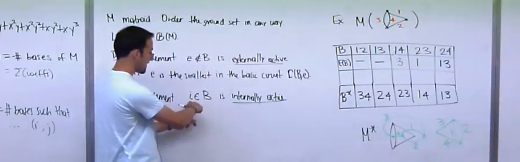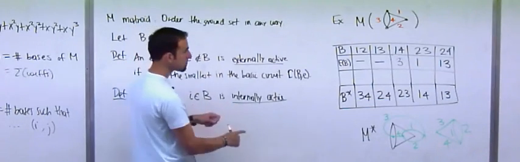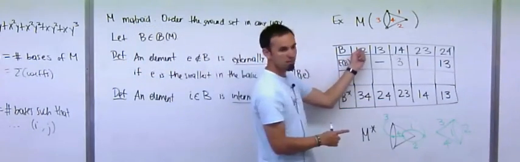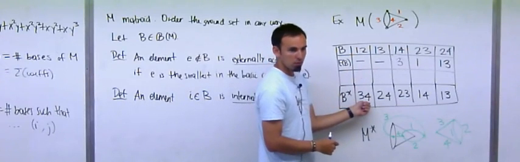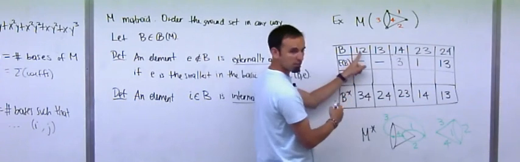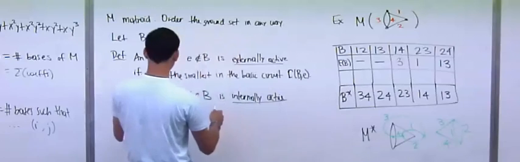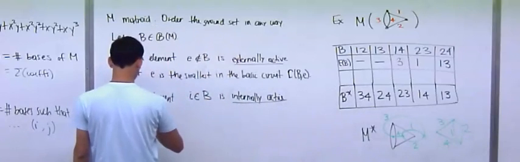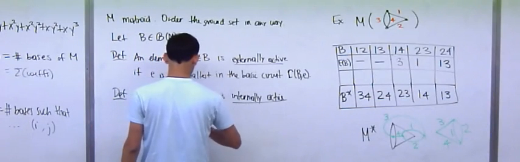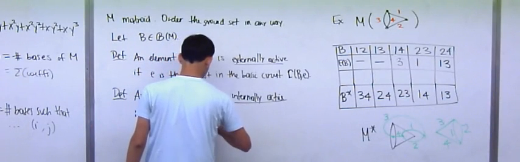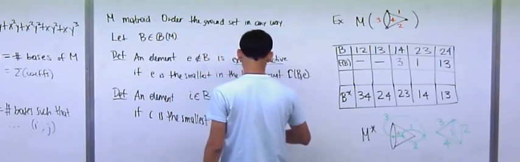Now, I'm trying to decide if an element i in the basis is internally active. Well, if my element i is in the basis, then it's not in the complement of the basis. And so I'm going to say that i is internally active here if it's externally active here. In other words, if i is the smallest in the basic circuit, but now the basic circuit for the dual.